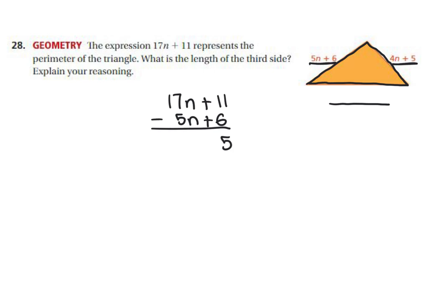And 17n and 5n, those are like terms. So 17 minus 5 is 12. So we have 12n plus 5 after we've taken away the 5n plus 6. So now we need to take away from this the 4n plus 5.